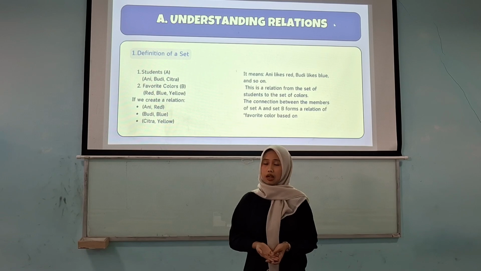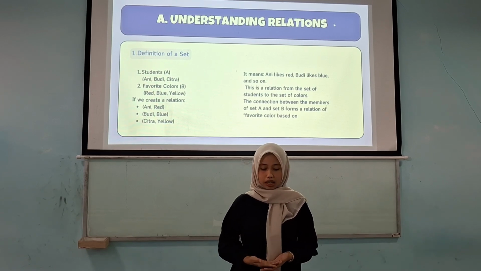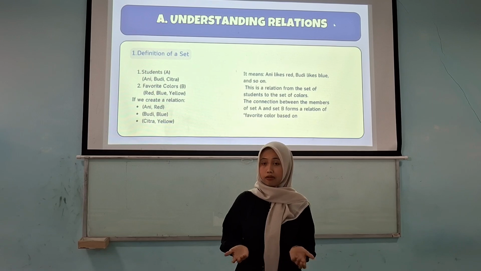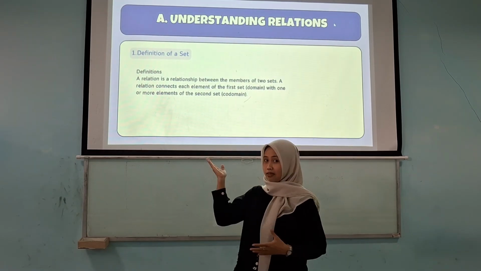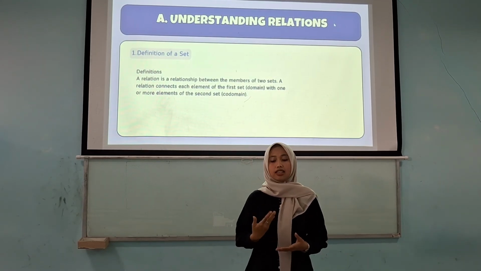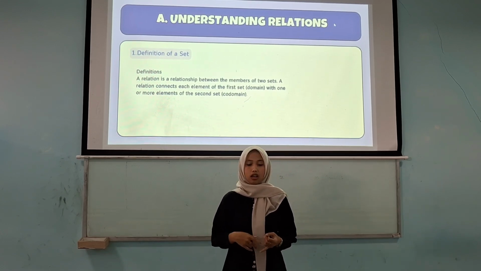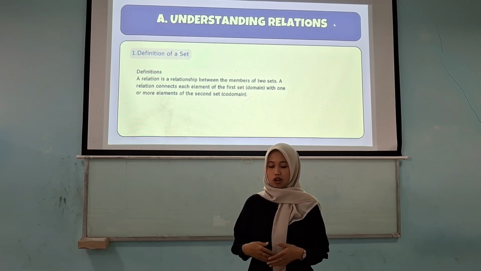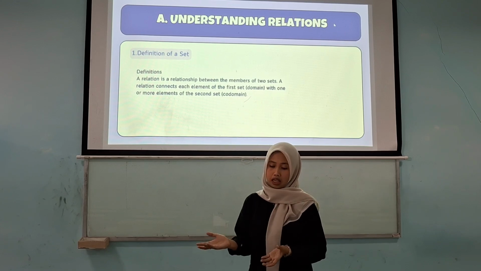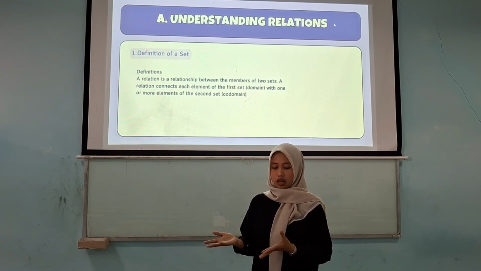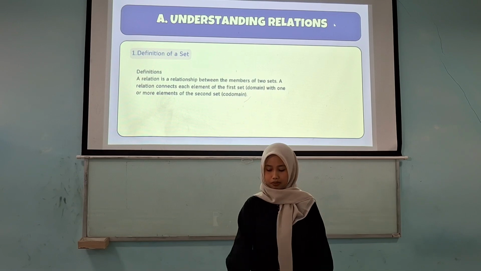The relation between the members of set A and B forms a relation, favorite color. Definition: a relation is a relationship between the members of two sets. A relation connects each element of the first set, or domain, with one or more elements of the second set, or codomain.